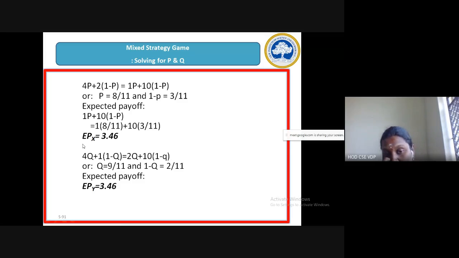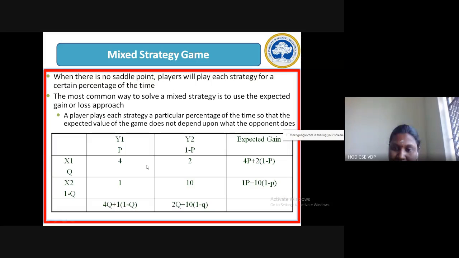Okay, so hereafter whenever you use mixed strategy, you don't call it a payoff, it is termed expected payoff. When you replace that value of p back in that equation, 1 plus 10 minus 10 into 1 minus p, this is going to be your expected payoff.